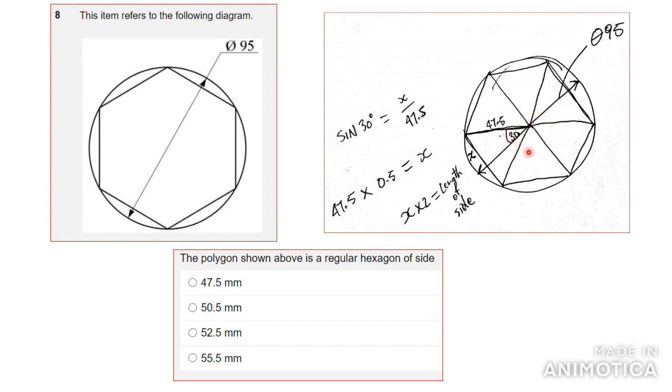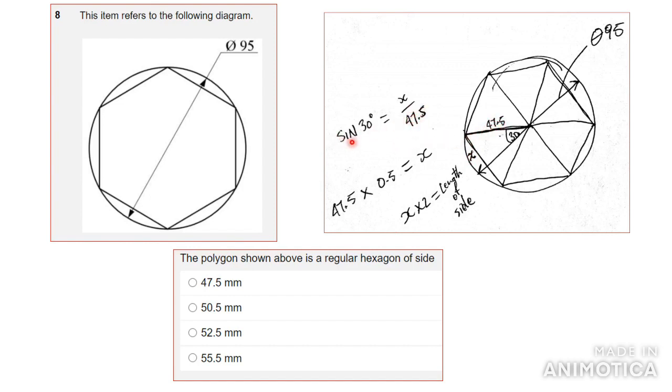If you divide it into 6, which is the hexagon, you will have 60 degrees for each piece of the pie basically. So once you split that piece into half, you will have 30 degrees. In trigonometry, you want to find the opposite, which would be this side, over the hypotenuse. Okay, and you want to use the sine option, and if you calculate sine 30, you will get 0.5, and that would be equal to x over 47.5.